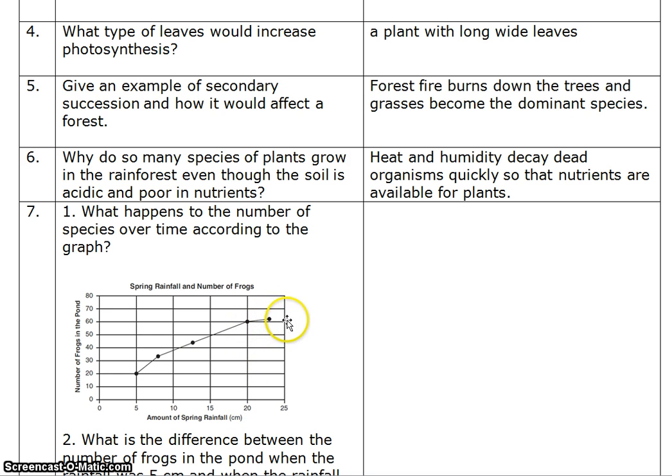It's kind of leveling off. So after 20 centimeters, the number of frogs levels off. See, it was increasing, and then it's going up a little, but not very much. It kind of levels off.